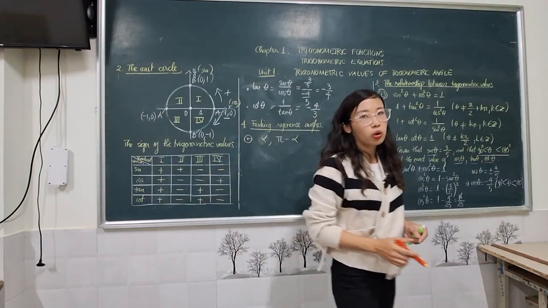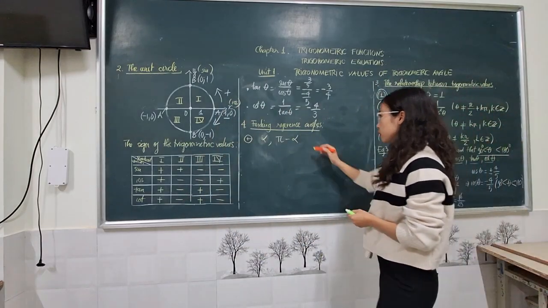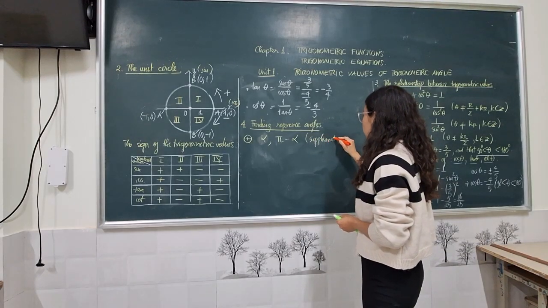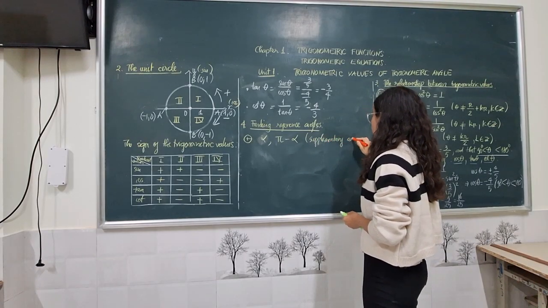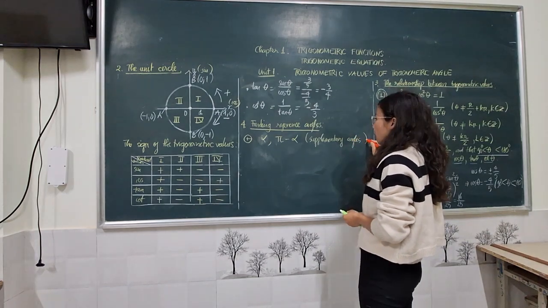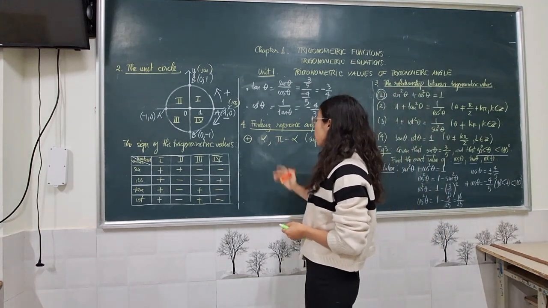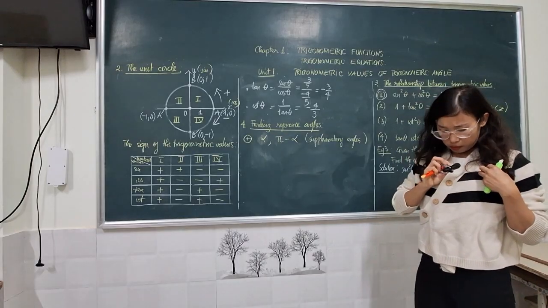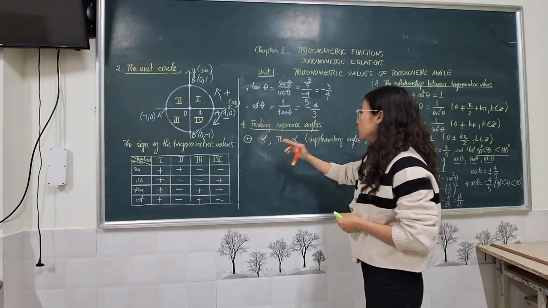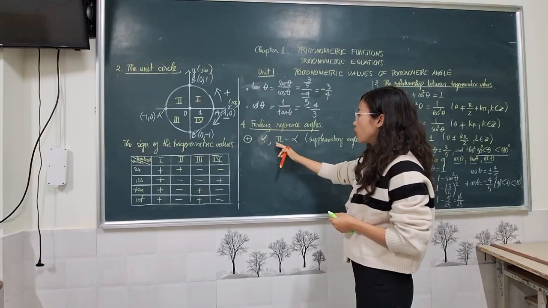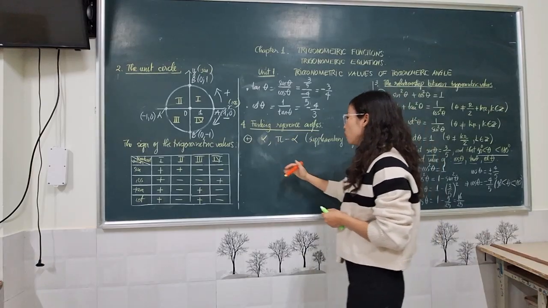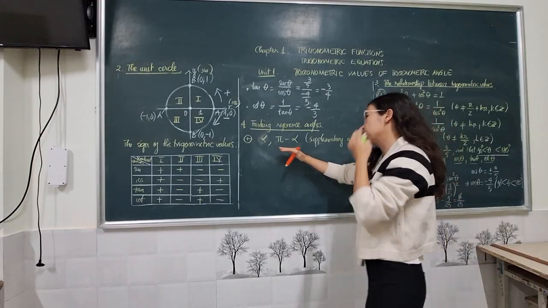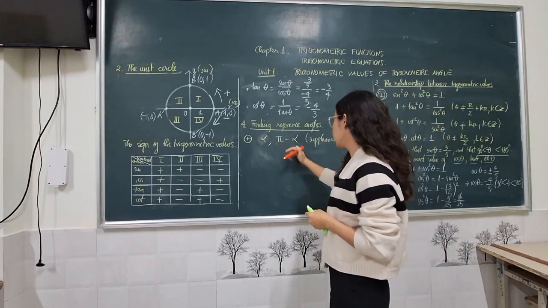Two angles are called supplementary angles, because when the two angles are added, the sum is 180 degrees or pi.